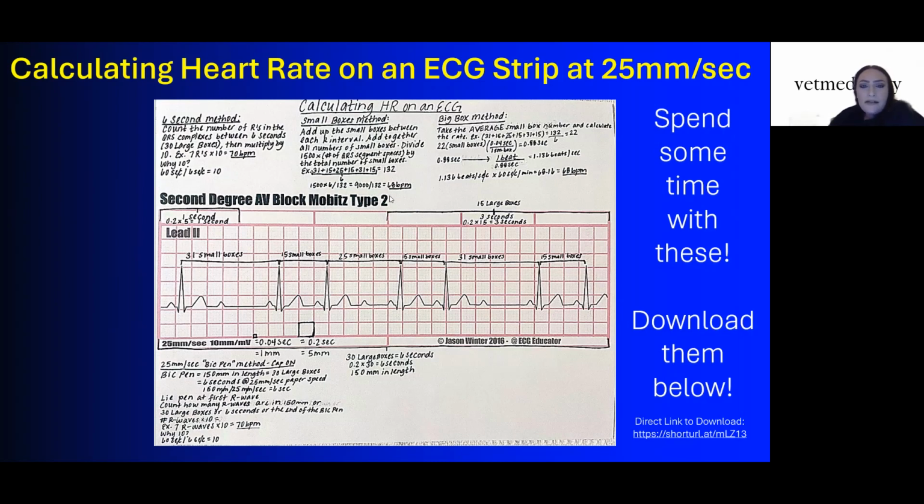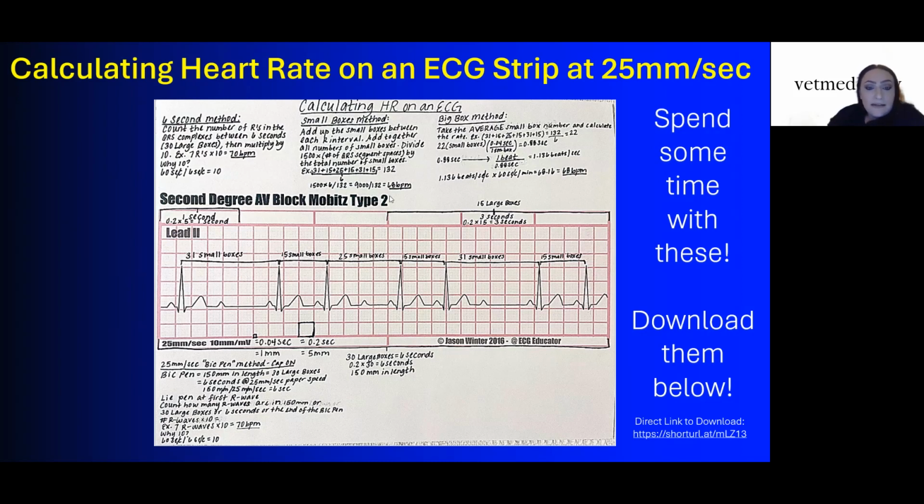But there's several different methods for calculating a heart rate on an ECG. And they're based upon the small boxes and the large boxes. Basically, the easiest method is probably the 6-second method here, which is just counting the number of R waves, which are the top of the QRS complexes, between 6 seconds.